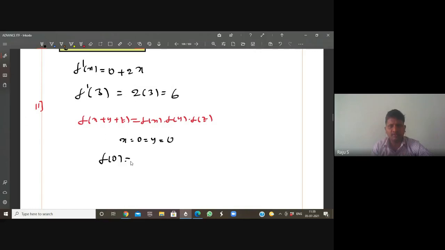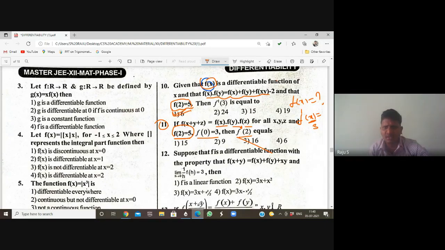F of 0 is equal to, we are going to get, like I want to find function value over here. f of 0 value is 3 now.